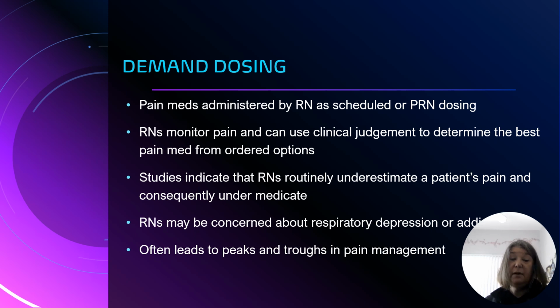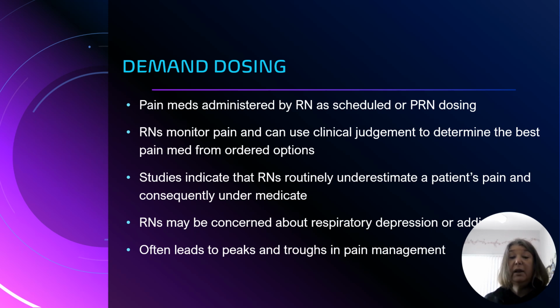Nurses may administer pain medication at lower doses or at longer intervals than dosing guidelines suggest because of concerns about the development of respiratory depression or addiction. So sometimes we hold off on giving pain meds as ordered, right? We may wait until a patient requests medication, which often means that patients are in more intense pain before receiving an analgesic.